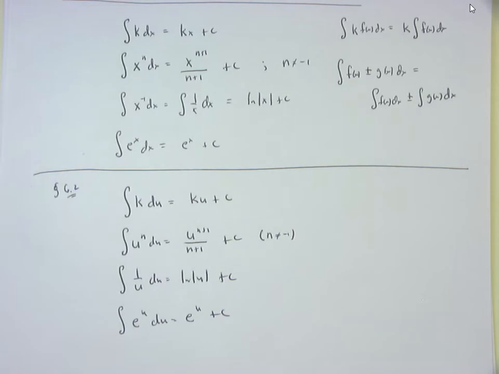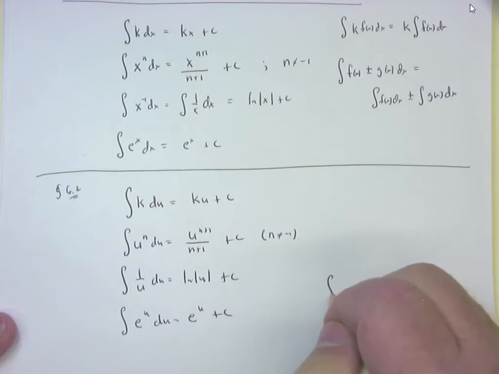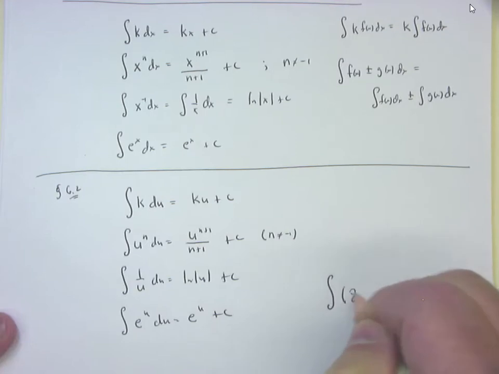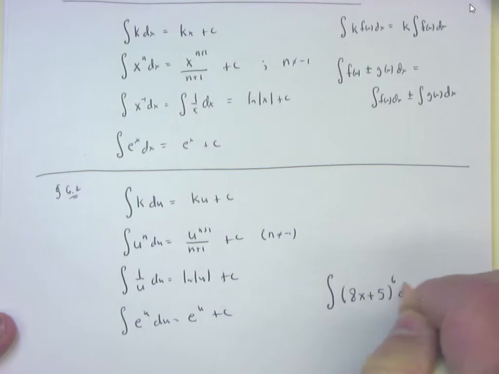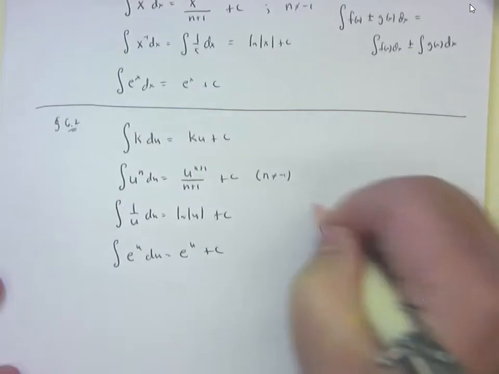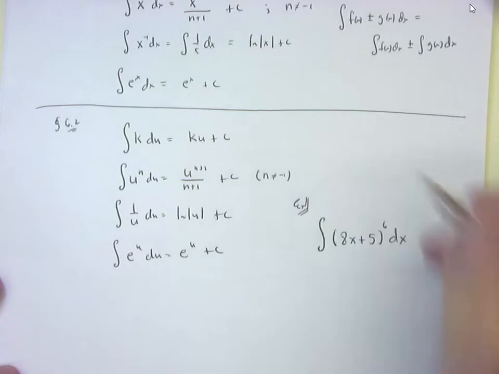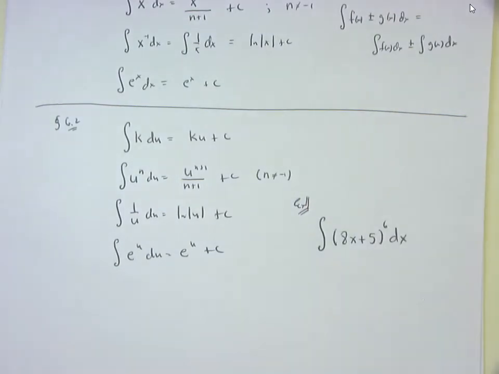Now, what we're going to do is start integrating, quote, hard stuff. Things like this: the integral of 8x plus 5 to the 6th power dx. This is an example. Now, how do I integrate this?